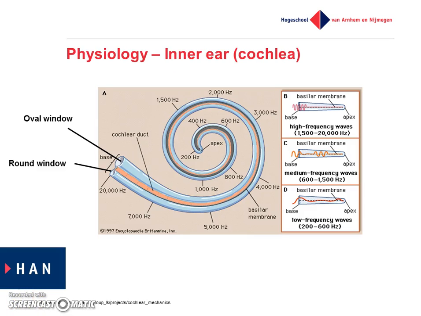Okay, so short repetition. You know that when the stapes of the middle ear pushes onto the oval window, the fluid inside of the scala vestibuli and the scala tympani starts moving. And by this, the basilar membrane moves, and the hair cells move as well and give the signal to the vestibulocochlear nerve.